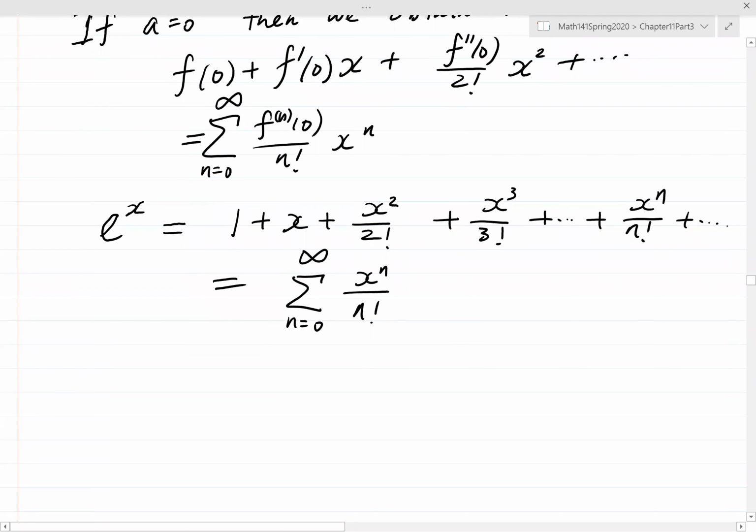If you differentiate both sides, you will see the right side, by the power rule, is invariant under differentiation. It has symmetry.